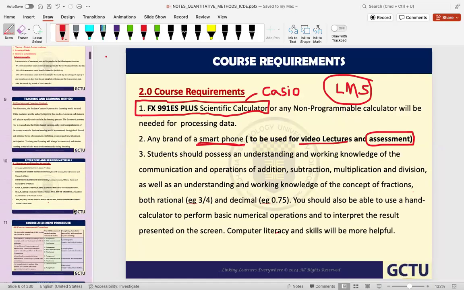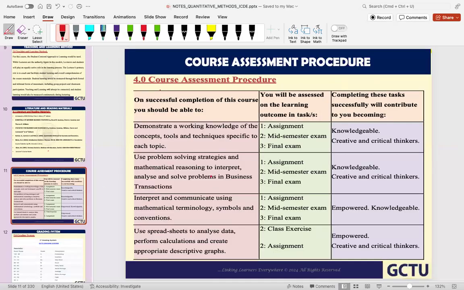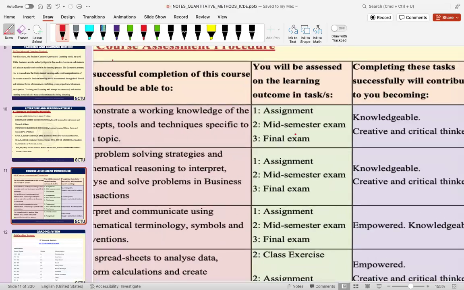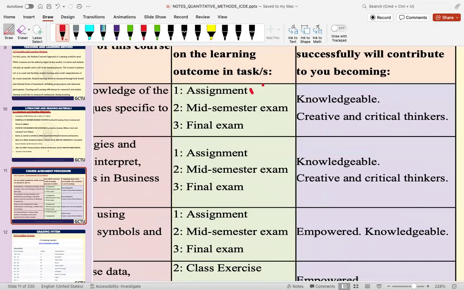Then from there, I want also to show you another slide page, which is actually showing the structure of your assessment. So everything we do, all the concepts we are about to learn and how to apply them, there are some tasks and then outcomes that are needed. So assignments will be mounted on LMS for you to do for a mark.